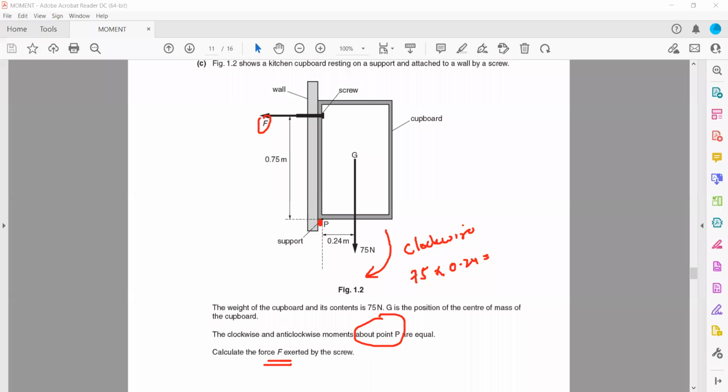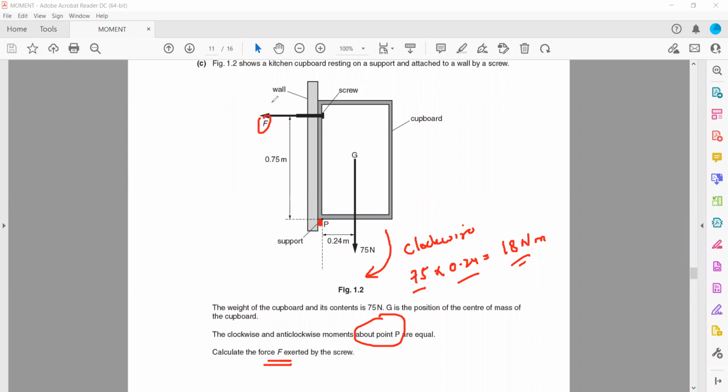Not the final answer, I'm just asking 75 multiplied by 0.24. 18. Okay, so this is 18 Newton meter. That is the clockwise rotation.